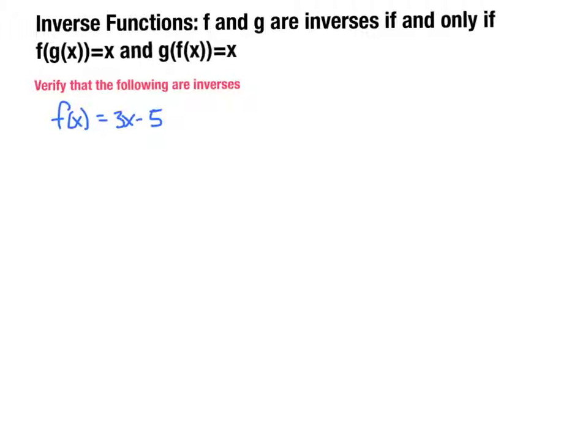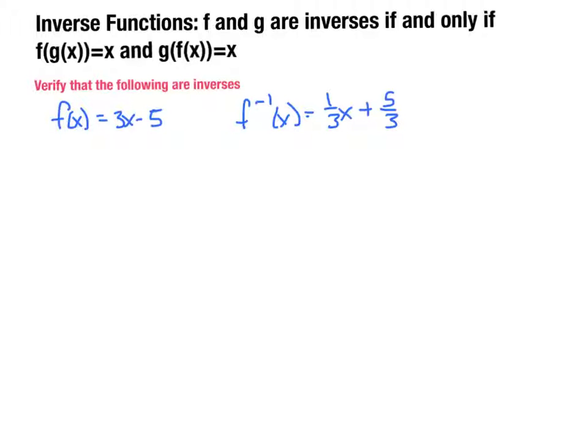Now, I don't have to use a g of x. I can also use f inverse. So this f to the negative 1 means f inverse. Okay? So f inverse of x is equal to 1/3 x plus 5/3.